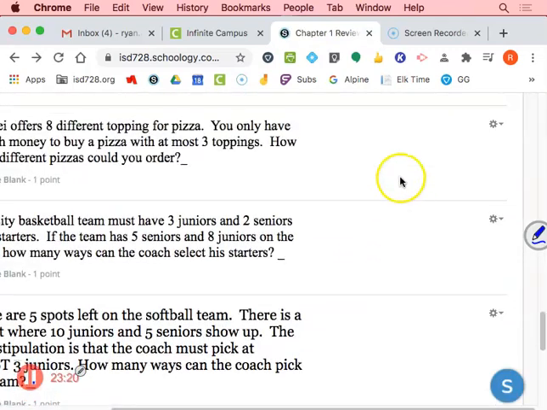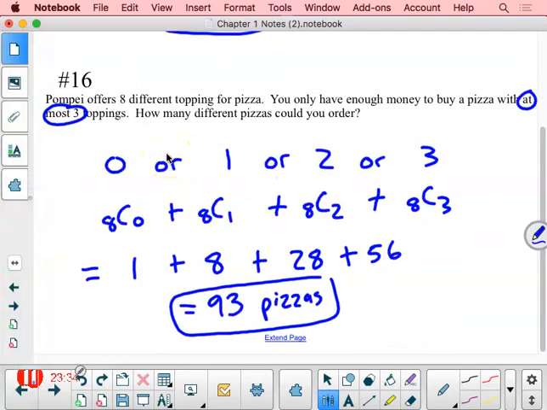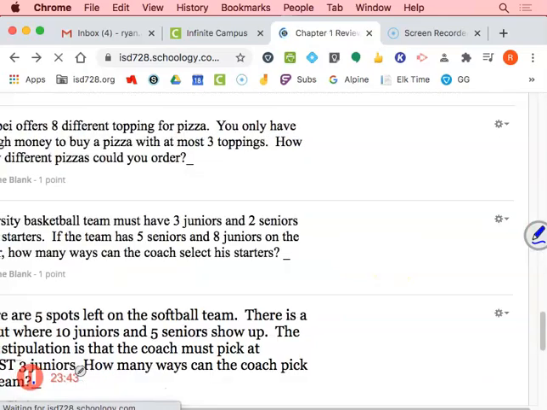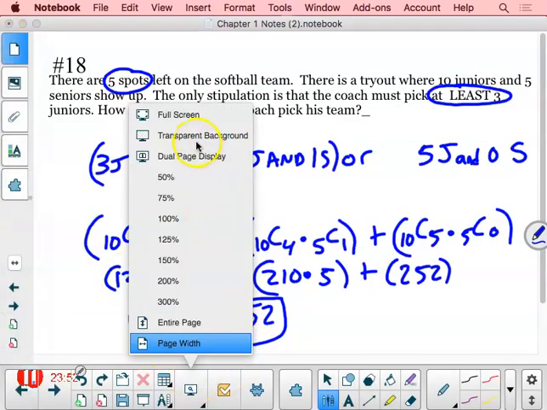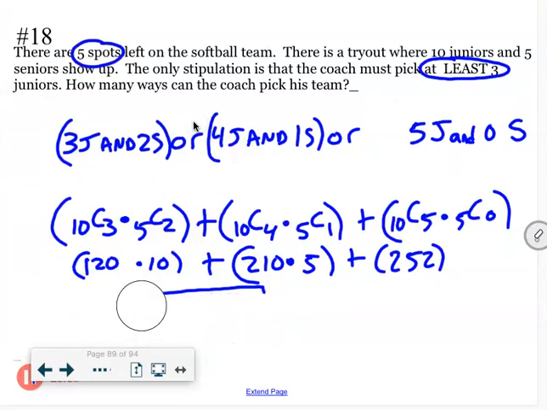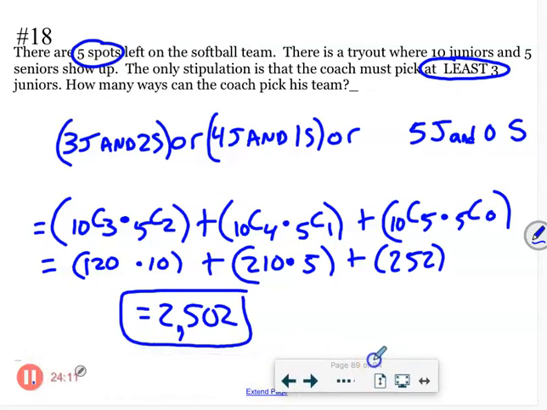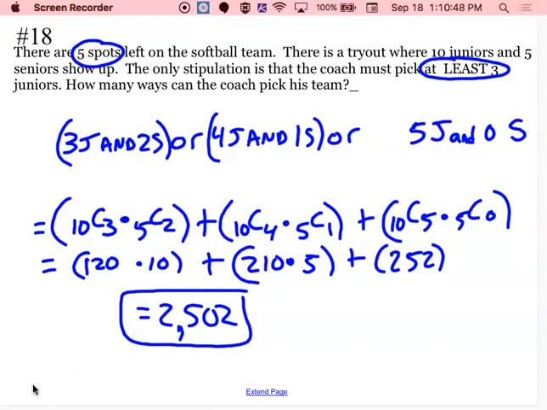Perfecto. Go ahead and check out your calculator work there. 2,502 would be the amount of ways that we can get this done.